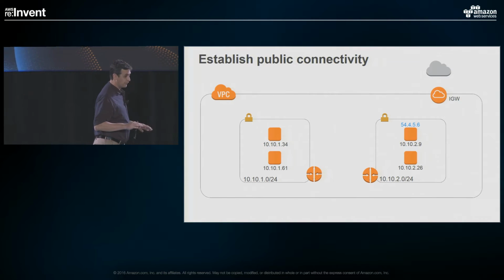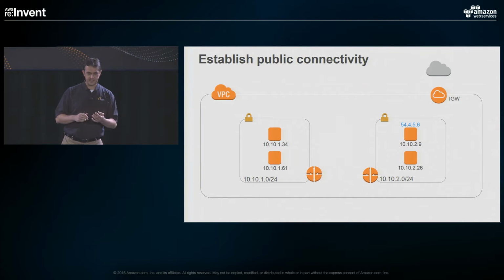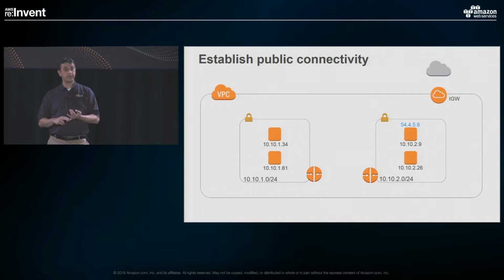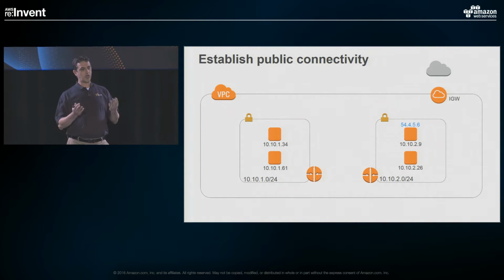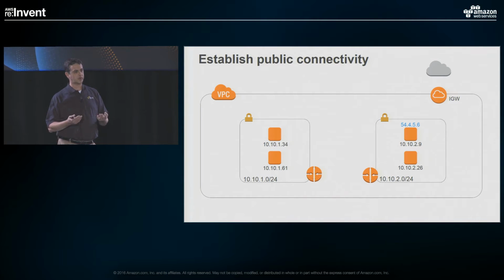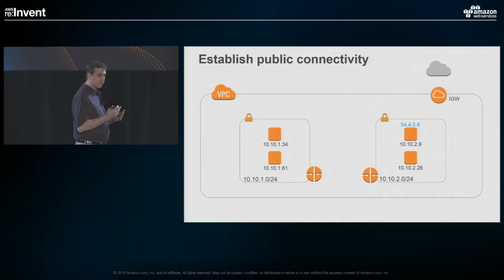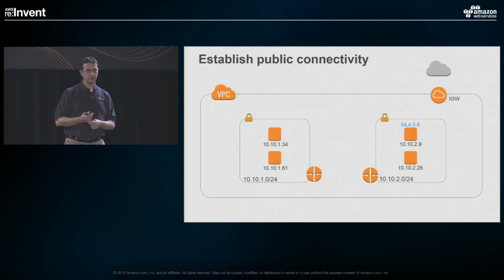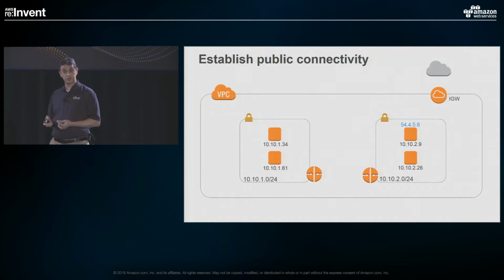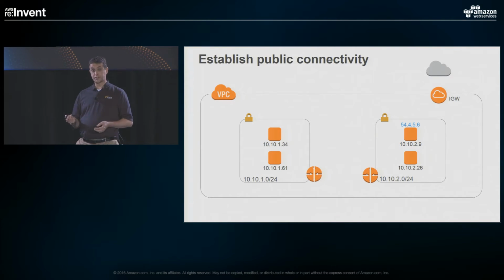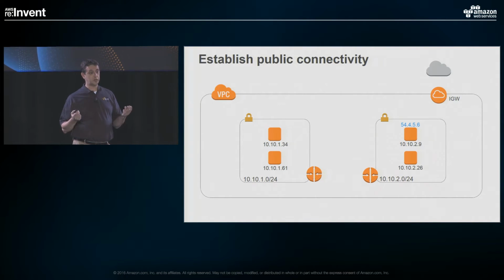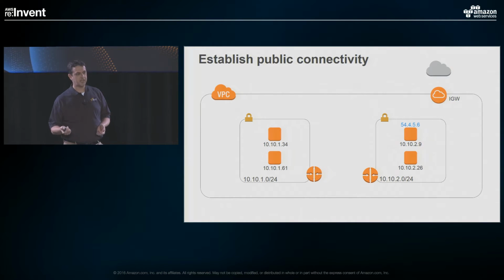So if you really break it down, it does two primary functions. As Kartik said, you have routing tables in your VPC and your subnets. The IGW, or the Internet Gateway, provides you a target in your routing table to which you can then put routing table entries. And it also provides that connectivity to EC2 instances that you have allocated public IP addresses to.